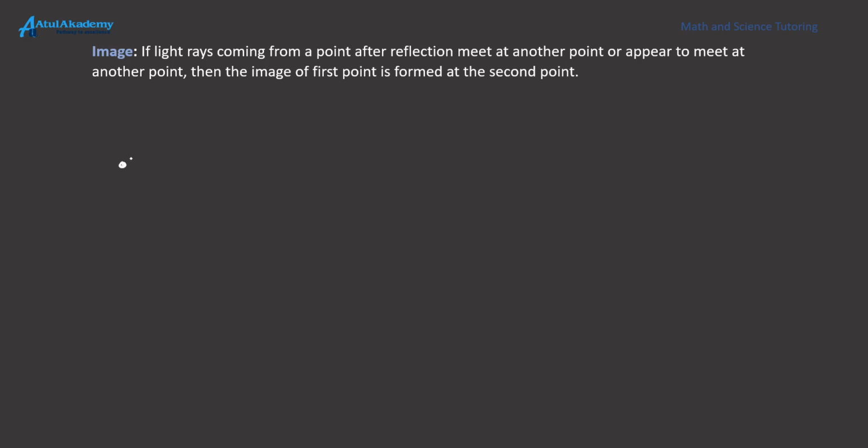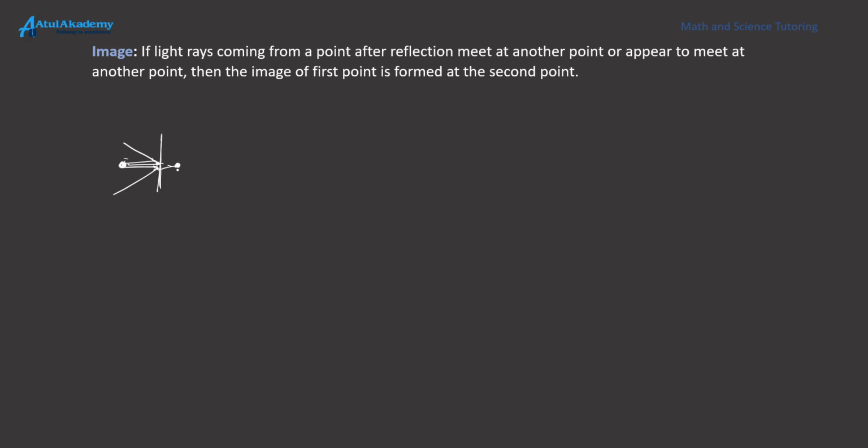From a point, some rays of light are coming. Now, let's say they are falling on some mirror, and then after reflection they go back. They appear to meet or they actually meet. Here they are not meeting because they are diverging, so let's say they appear to meet at this point.